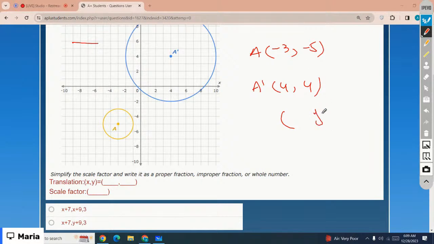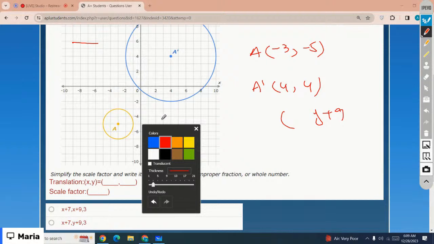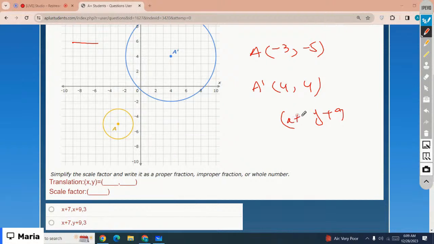So you have y plus 9. For x, you moved from -3 to 4, that is 7. So the translation is x plus 7, y plus 9.